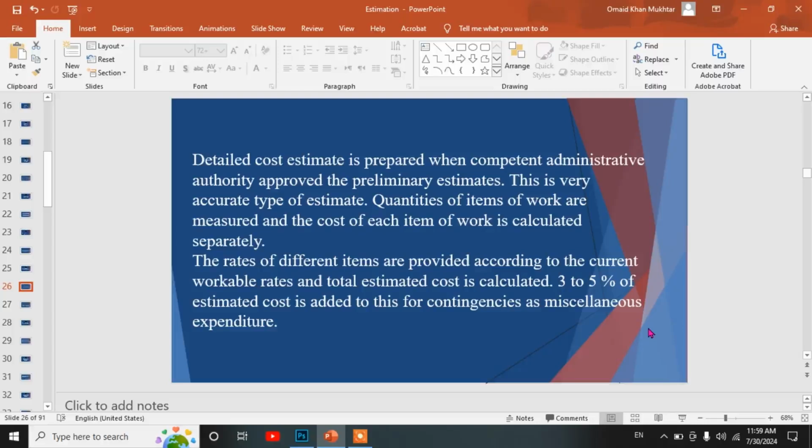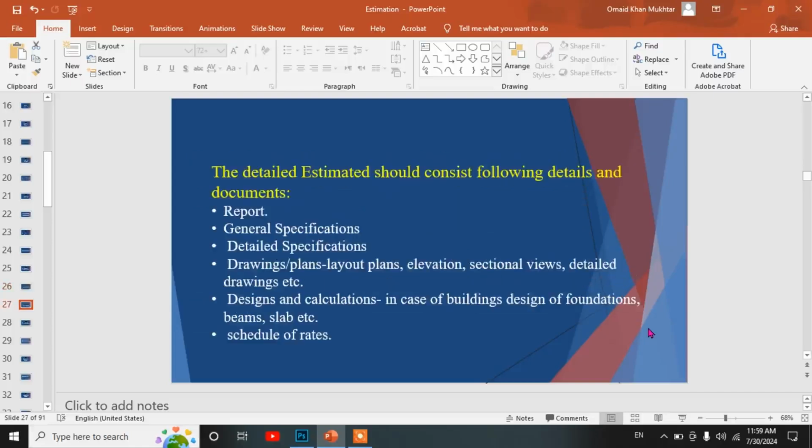The rates of different items are provided according to the current workable rates and the total estimated cost is calculated. 3 to 5% of the estimated cost is added to this for contingencies as miscellaneous expenditure. The detailed estimate should consist of the following details in documents: report, general specification, detailed specification, drawings, plans, layout plans, elevations, sectional views, detailed drawings, etc.